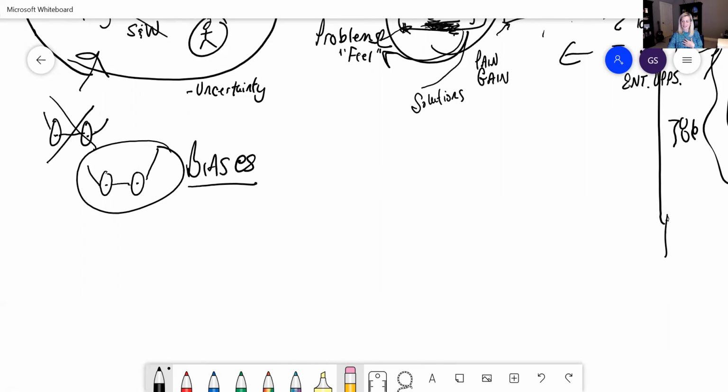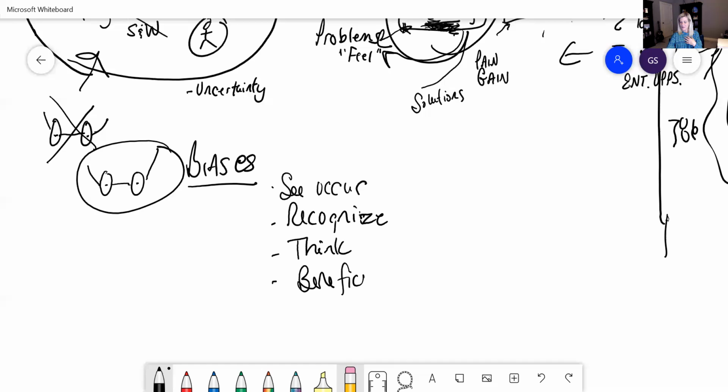The key to this is being able to see when the biases occur, to recognize them, think about them there, and then decide, is it beneficial to let this bias exist right now?